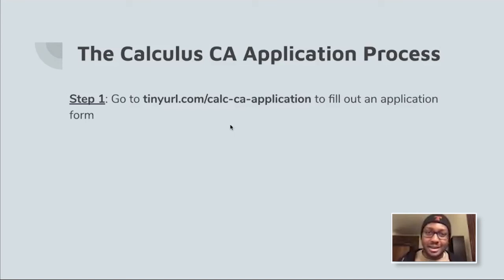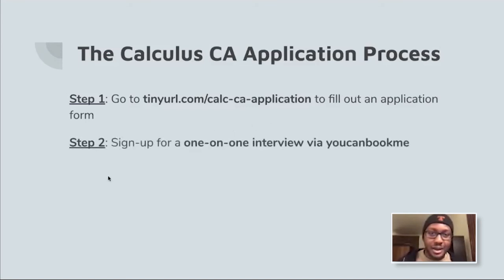And after you fill out the application, you're going to be immediately redirected to a You Can Book Me page where you can sign up for a one-on-one interview with one of the Calculus CA coordinators. There's one who's not with us today, Matt, who was mentioned earlier.